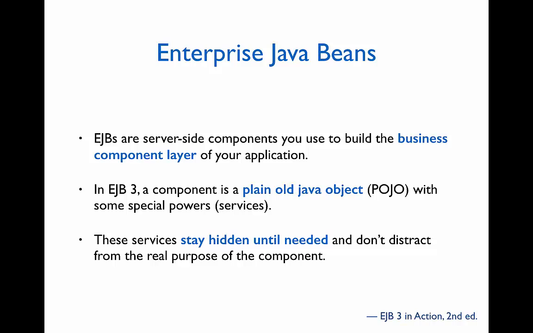Sometimes you'll see that expression, plain old Java objects, abbreviated as POJO. The special services we talked about in the previous slide are added with annotations. In this way, the services don't distract from the central purpose of the component.